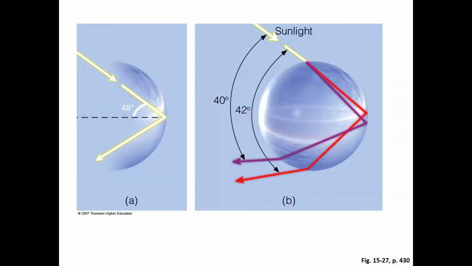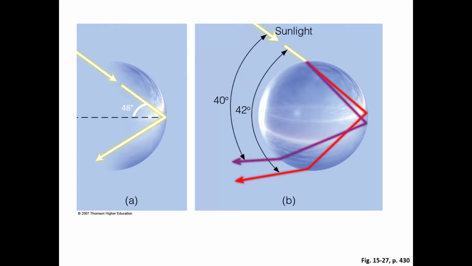So if you have sunlight entering a water droplet, as soon as it enters, it splits up into those individual colors. It splits up into red, orange, yellow, green, blue, indigo, and violet. And the angles aren't very different from each other. For example, the angle for red light is around 42 degrees.